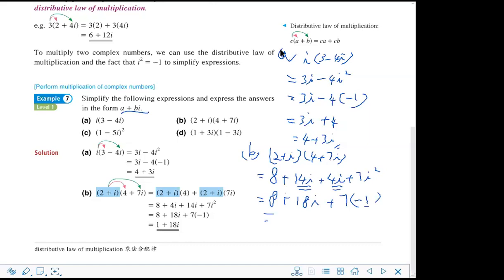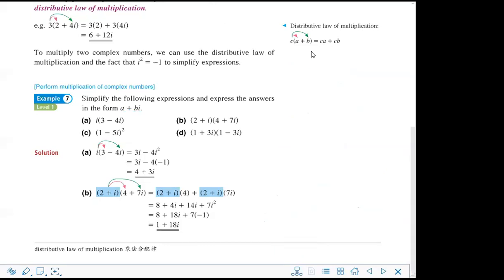So it is 8 plus 18i minus 7. And then 8 minus 7 is 1 plus 18i. So that is how we can do the simplification for multiplying complex numbers.